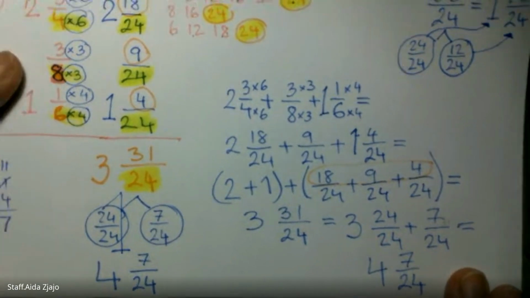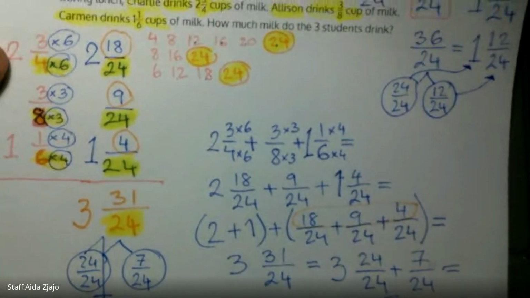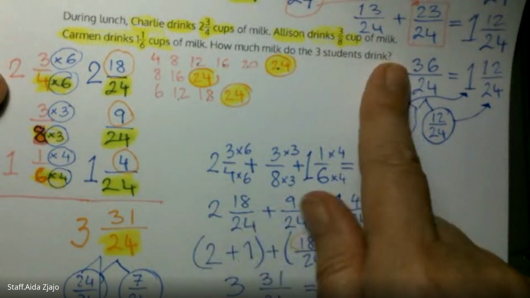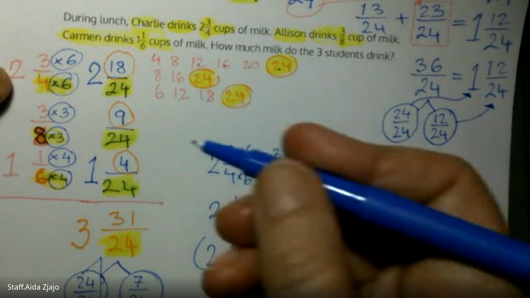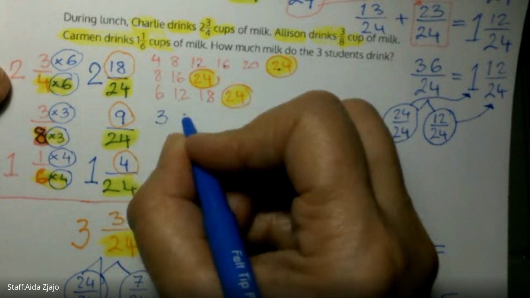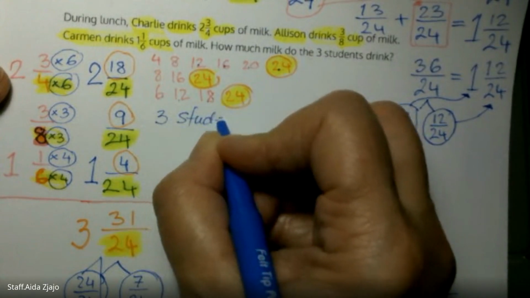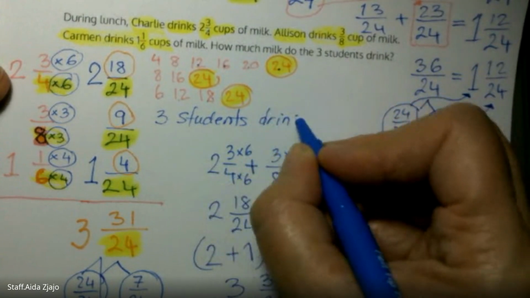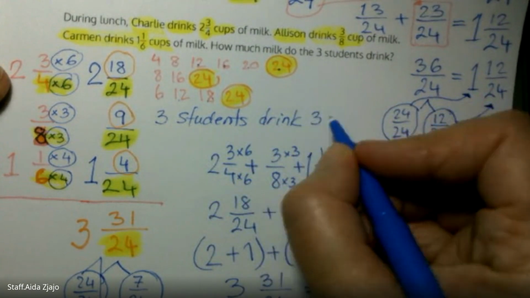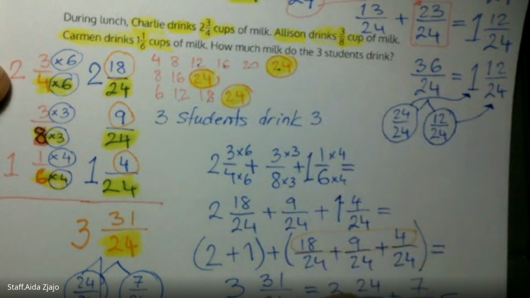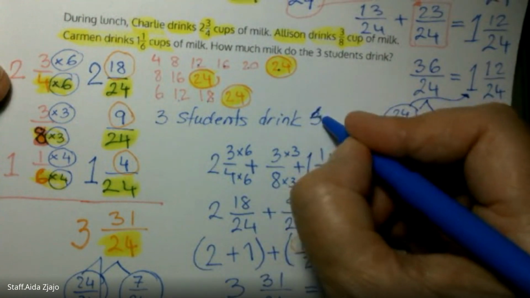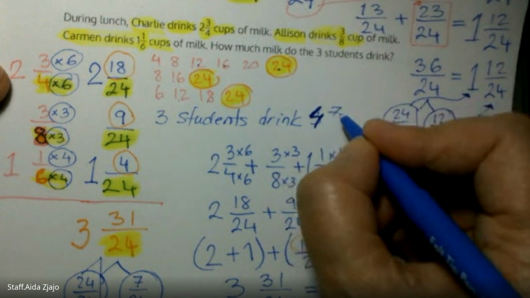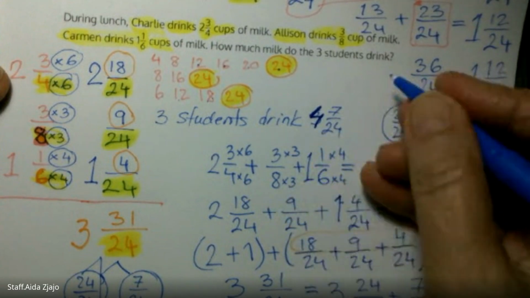So now I need to find the room to answer that. How much milk do the 3 students drink? So 3 students drink 4 whole cups and 7/24 cup of milk.